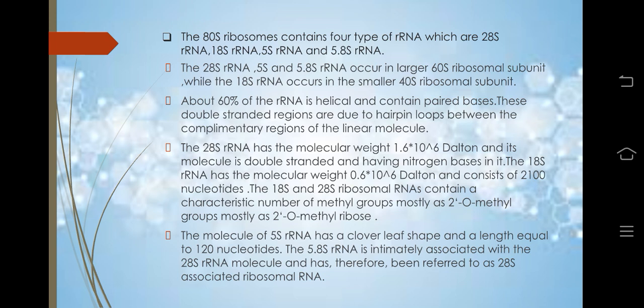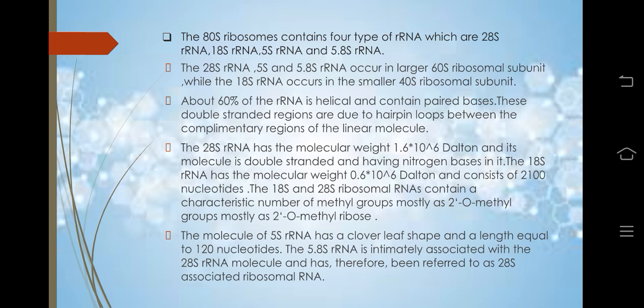The 28S rRNA has the molecular weight 1.6 into 10 raised to 6 Dalton, and its molecule is double-stranded and has nitrogen bases in it. The 18S rRNA has the molecular weight 0.6 into 10 raised to 6 Dalton and consists of 2,100 nucleotides.